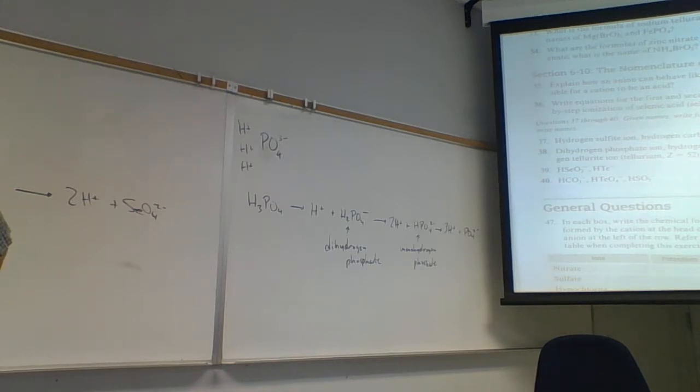Hydrogen tellurite ion. So tellurite, it's an ite. Hydrogen tellurite. So first we've got to figure out what tellurate is. If we can figure out what tellurate is, we can figure out what tellurite is. To figure out what tellurate is, we need to know, is that a 3 oxygen or 4 oxygen?